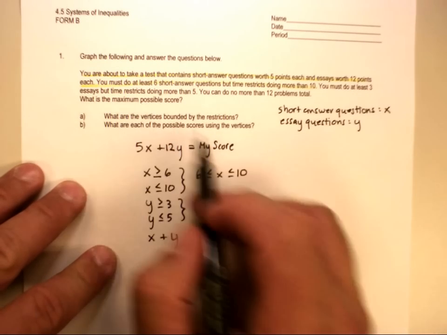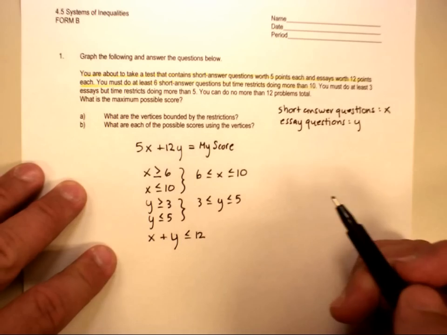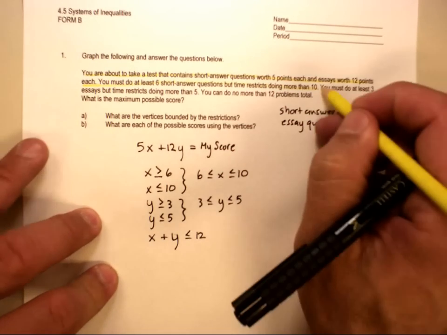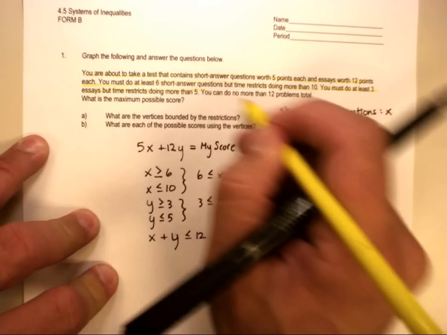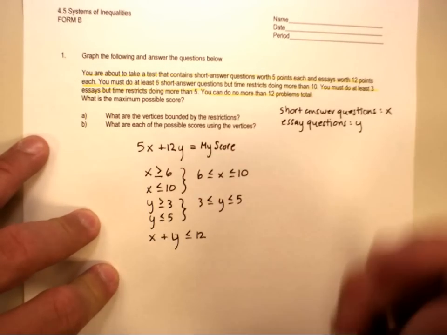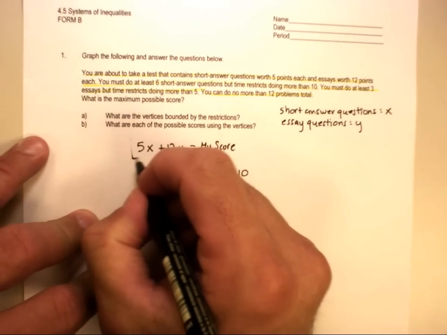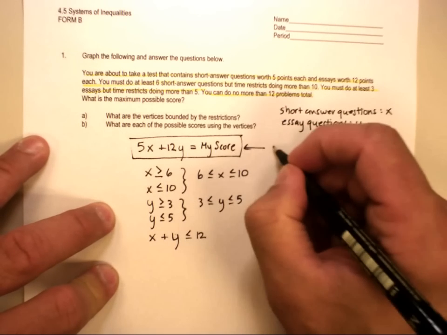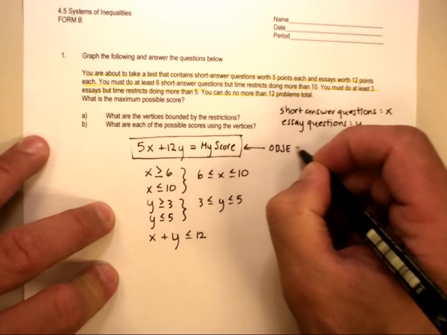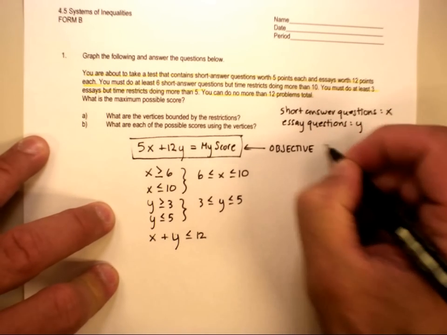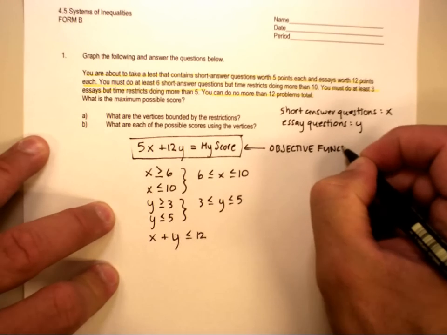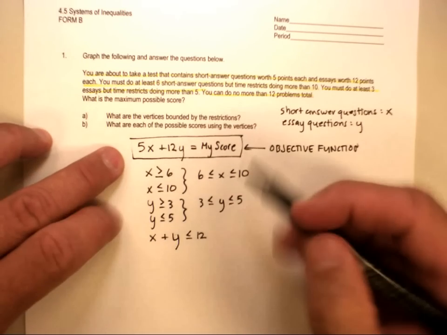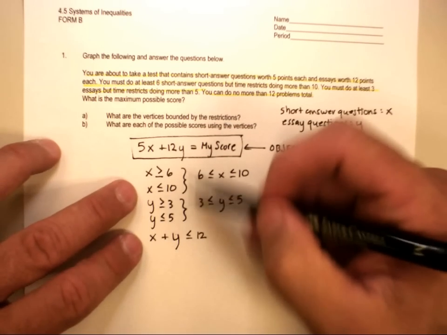What is my maximum score possible? Now notice the difference here. Again, cross these out as you do them. This is what I call an objective function. Why? It's an objective function because this is basically answering my question. All right? And it has to do specifically with my maximum possible score. These down here don't talk about scores.